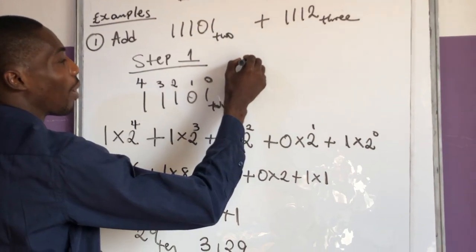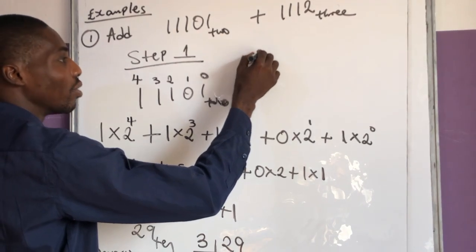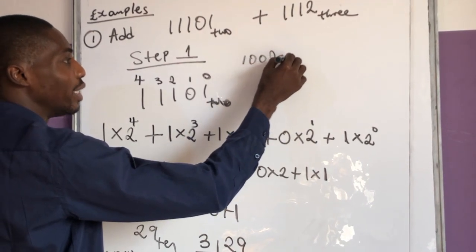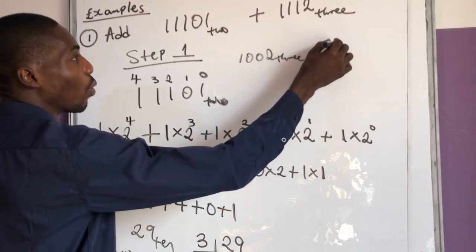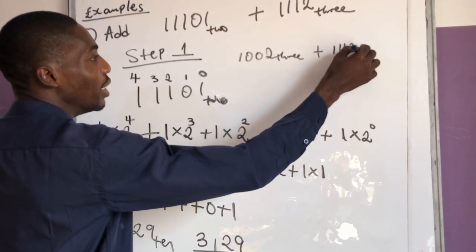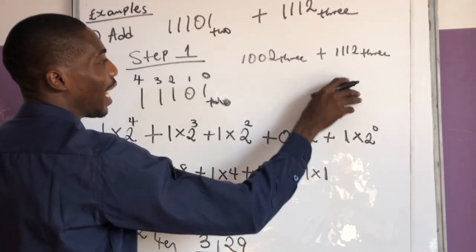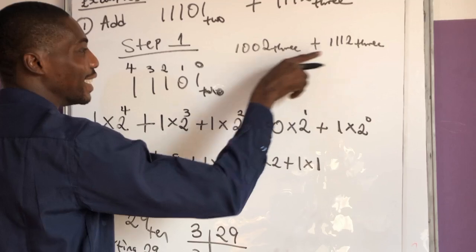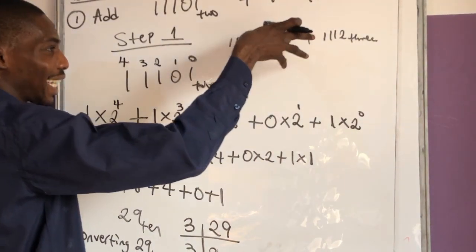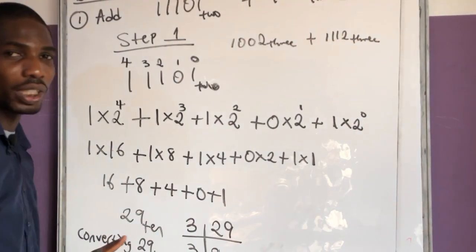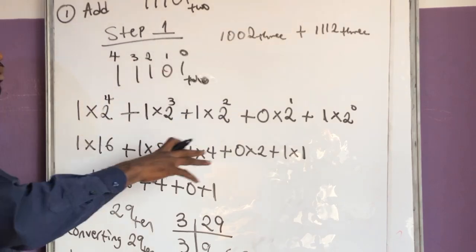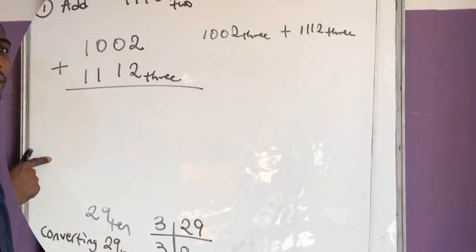That is, I'll now be having 1002 base 3 plus 1112 base 3. Now, both of them now have the same base. Then I can now add them together. So let's go ahead and add them together. Then we get our answer.